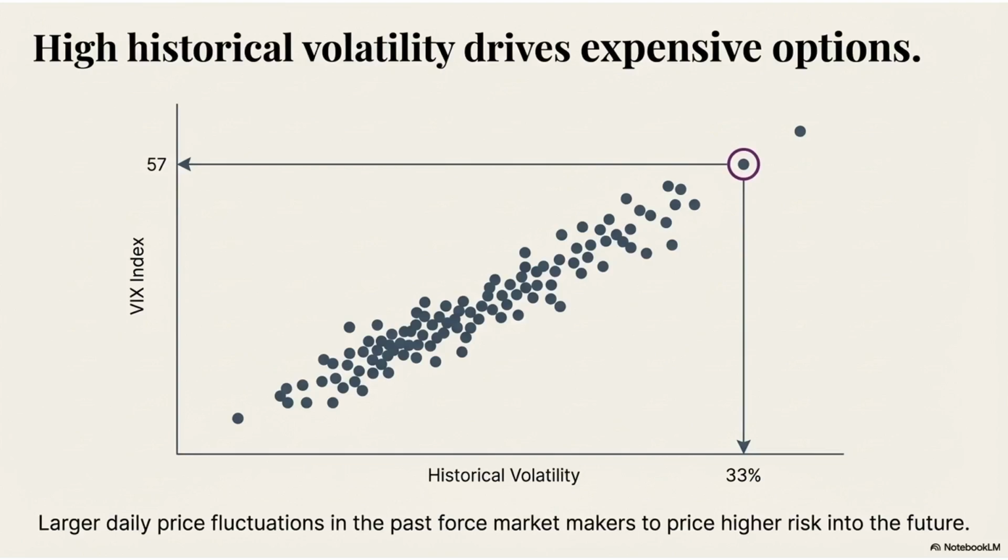When historical volatility is high, meaning there have been large daily price fluctuations in the recent past, market makers are forced to price higher risk into the future. This drives up the option prices, which directly drives up the VIX. So there is a correlation between these three.